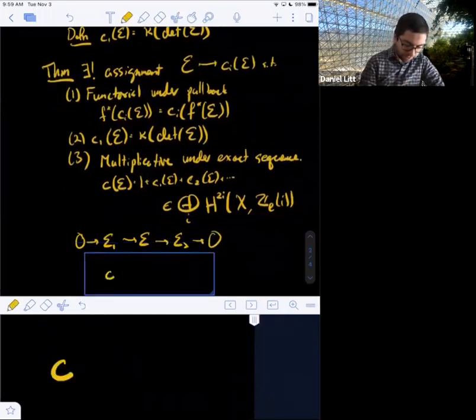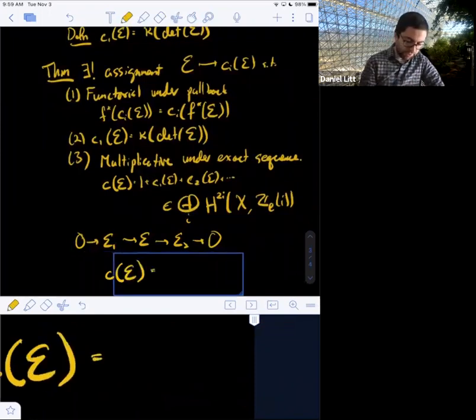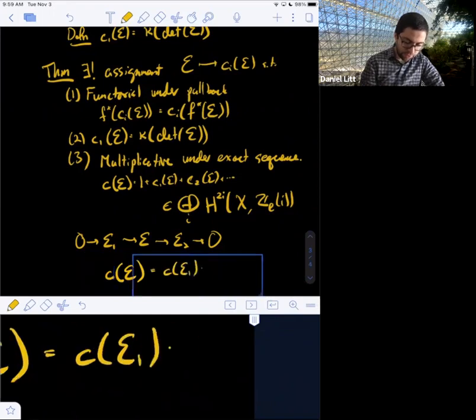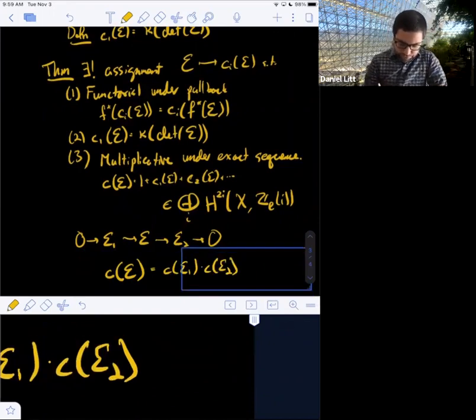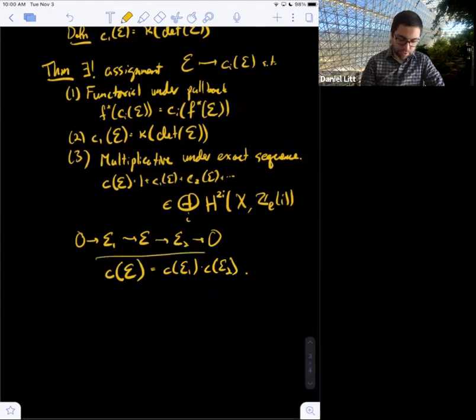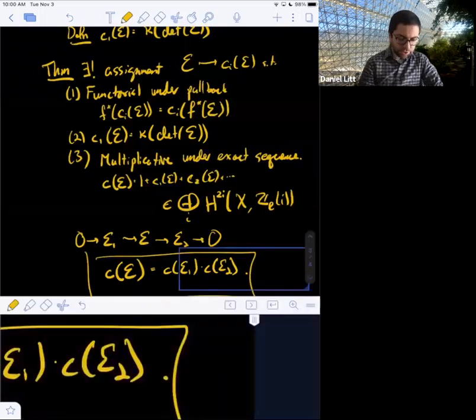Then we get that C of E, the so-called total Chern class of E, is given by C of E1 times C of E2, where here this dot means the cup product. Okay, so these are the three defining conditions of the Chern classes. Are there any questions about this theorem?